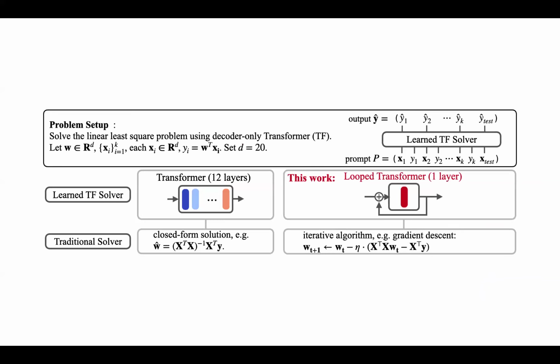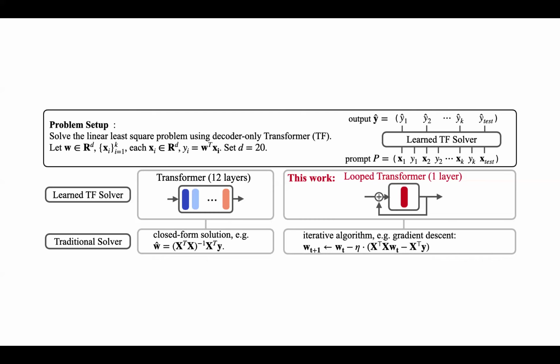So just to summarize, I talked about the problem setup and the motivation for our work. We want to solve the linear regression problem. Primarily in the remaining talk, I'll focus on problem dimension 20. We have this prompt in this format, where we have x_i, y_i pairs sent to the transformer, and it's a decoder transformer, so we will get these outputs, or predicted outputs.